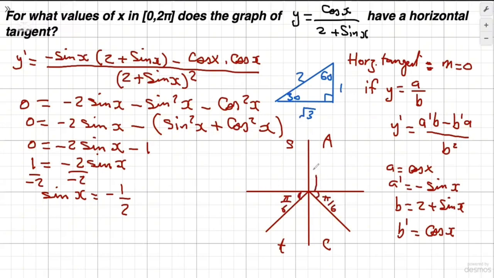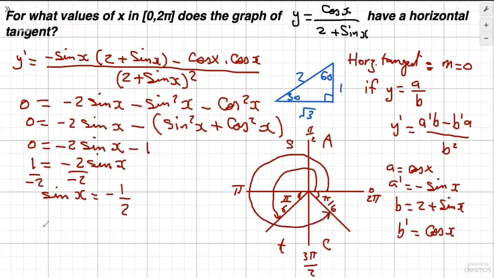But of course, you're after the angle measured from 0 all the way to here, since this is 0 and this is pi, and all the way around is 2 pi. Of course, this is pi over 2, and this is 3 pi over 2, but we never really use them when we're doing these kinds of questions. So you have to find this angle right here, and then the angle after that, that's a bit bigger.